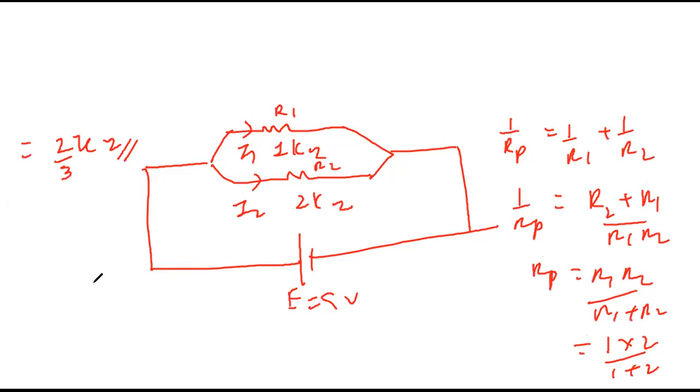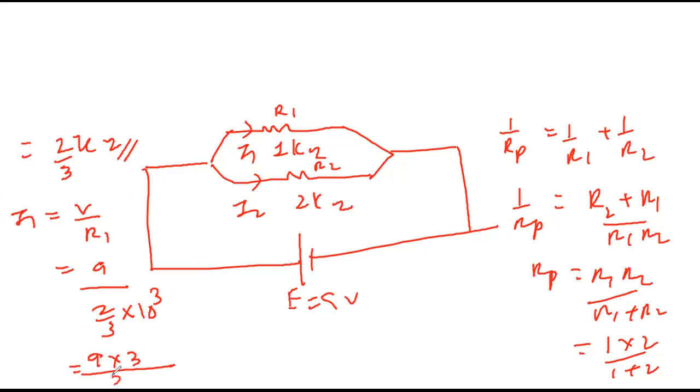Now we want current through each branch. Voltage is given. So I1 is V upon R1. V is 9. R is 2 by 3 kilo. Kilo should be converted into ohm. So 3 goes up. This is 9 into 3 upon 2 into 10 raised to 3.